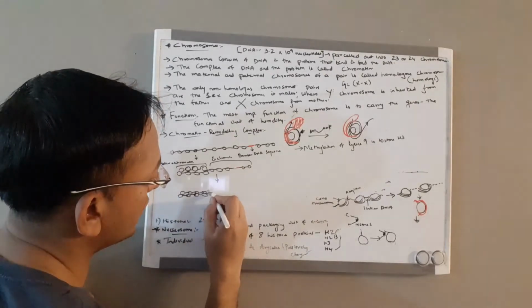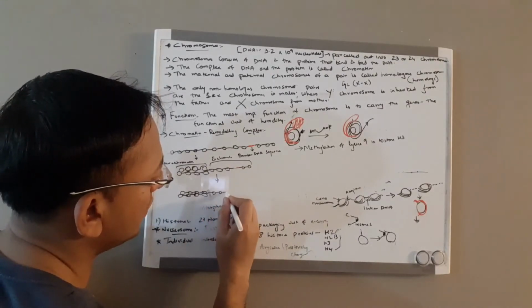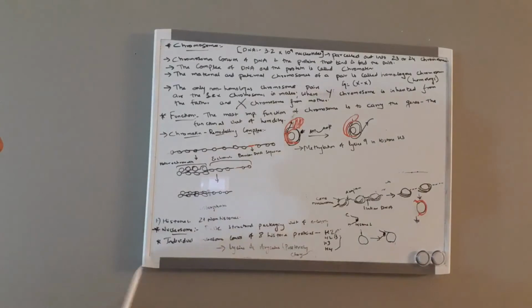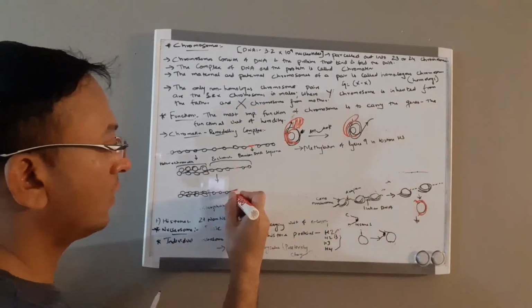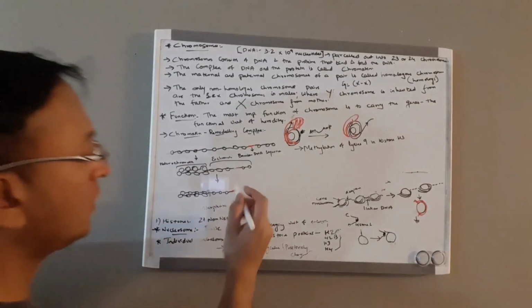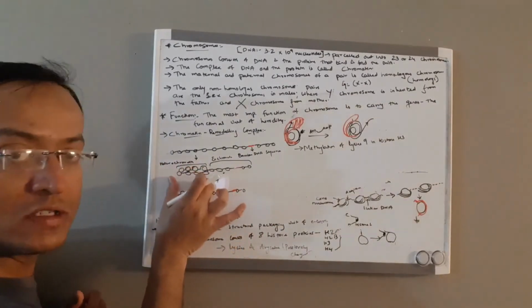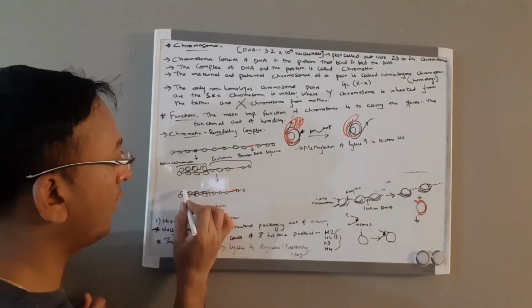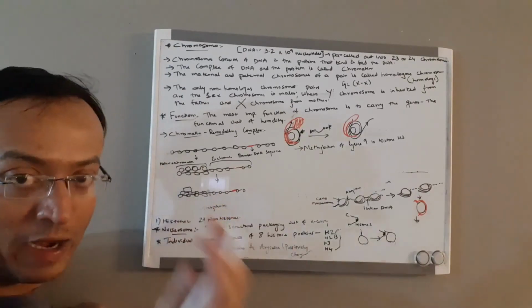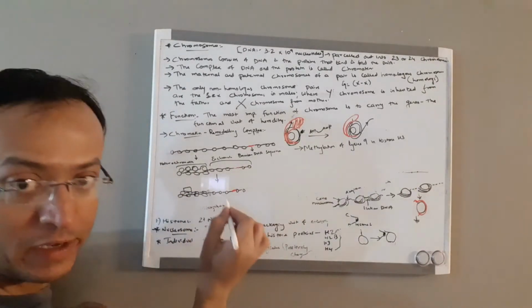I'm just making the same structure here, to make it open. Right. So once this has established, it will attract, for example, a heterochromatin specific protein, right?